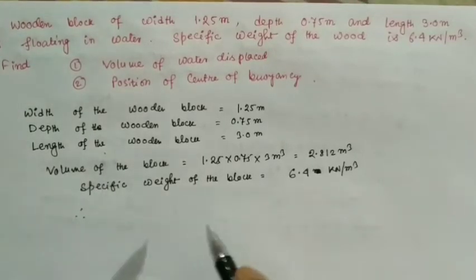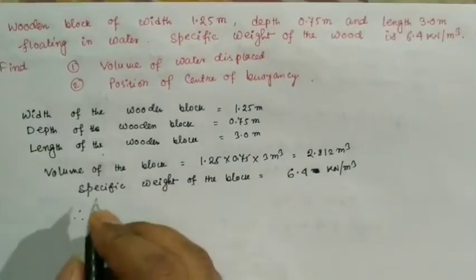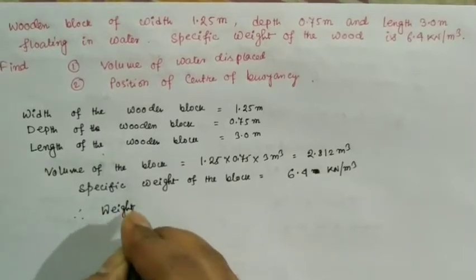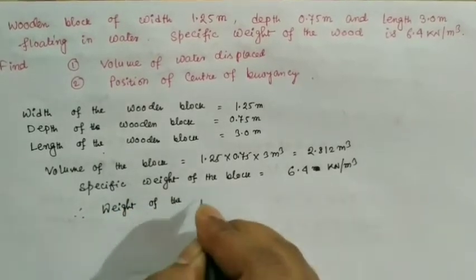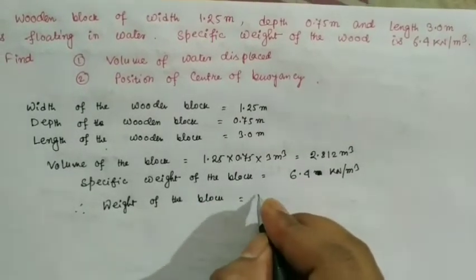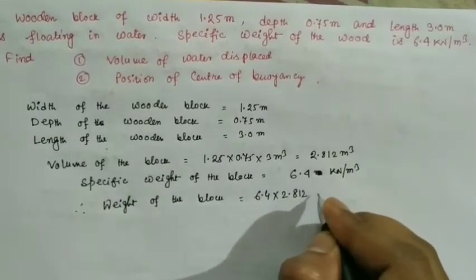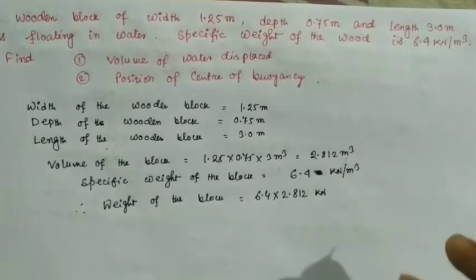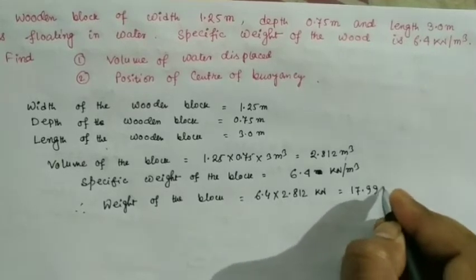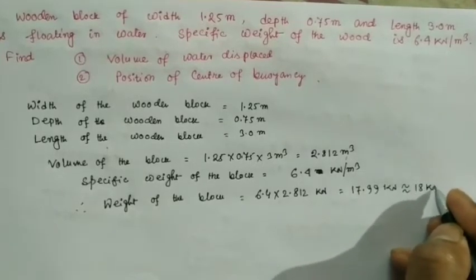To find the weight of the block, you have to multiply the specific weight by the volume of the block itself. Then the weight of the block will be, with meter cube cancelling out, 17.99 kilonewton. Approximately we can take 18 kilonewton.